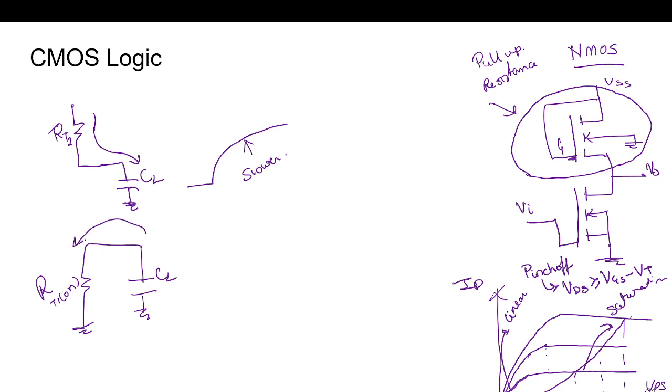So this is a faster process. So now instead of this, we will replace it with the pull-up network made up of PMOS transistor.